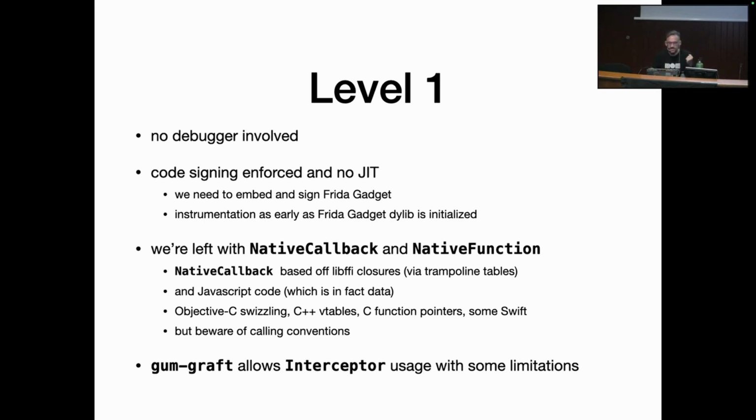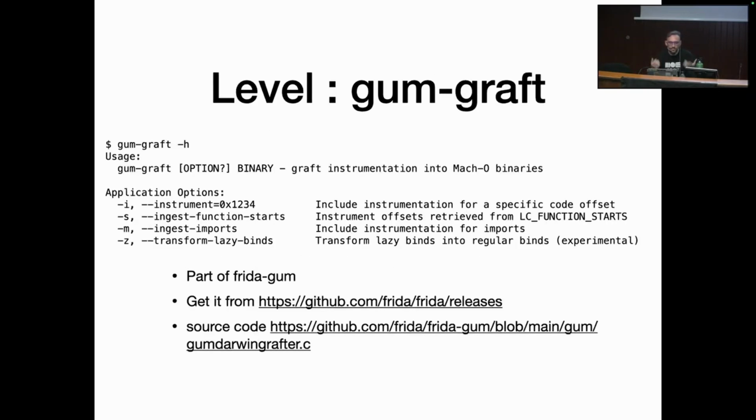On top of this, another possibility is to use gumgraft, which allows some Interceptor usage by preprocessing the binaries of the app statically before signing them, so that it can apply some of the instrumentation that the Interceptor should have done at runtime, and it can't. So it works like this.